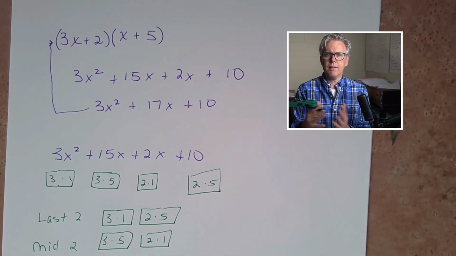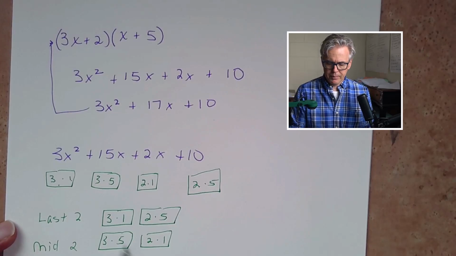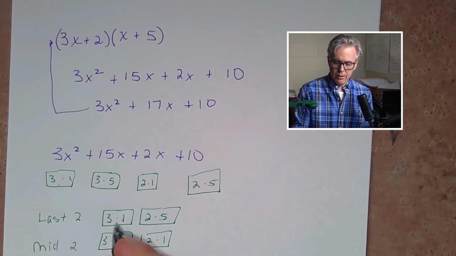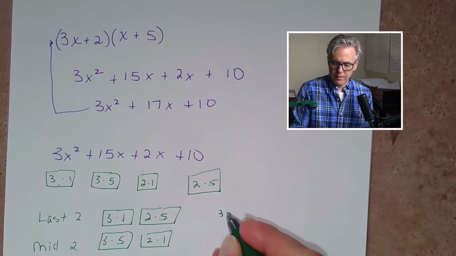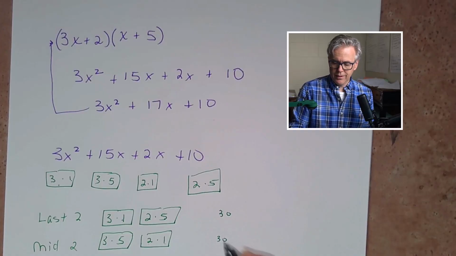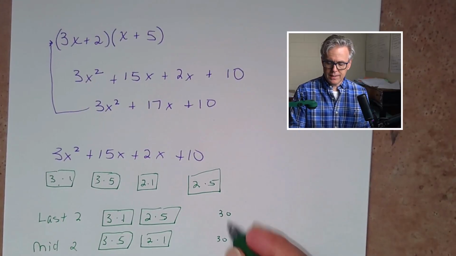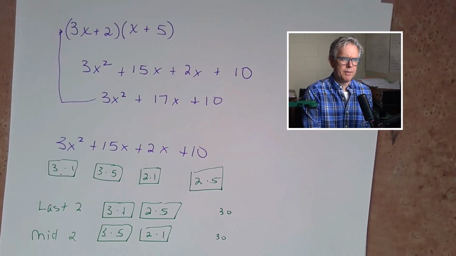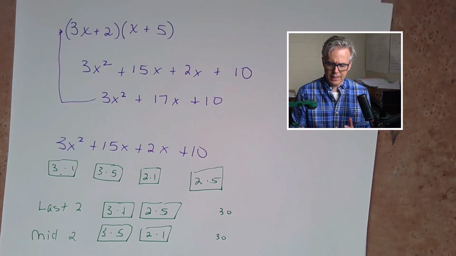Now notice it doesn't matter what order we multiply in. 3 times 1 times 2 times 5 is what? Well, 3 times 1 is 3, times 2 is 6, times 5, we get 30. 3 times 5 is 15, times 2 times 1, we get 30. Those are the same. And so we're going to leverage that to find how we can split that.